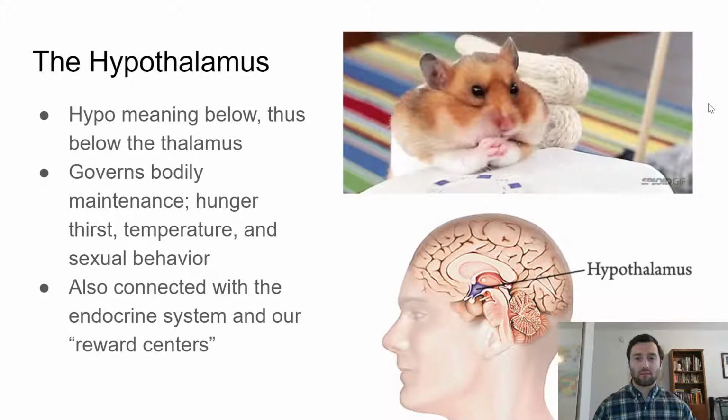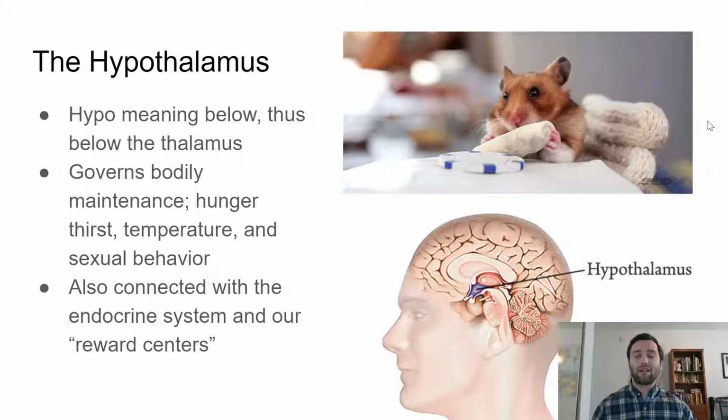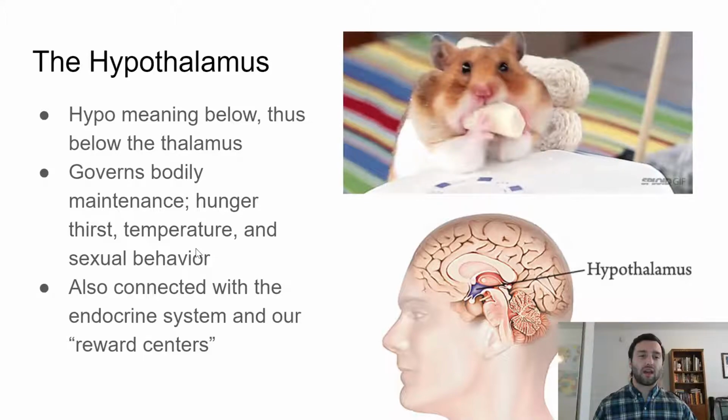We also see the hypothalamus connected with our endocrine system. We haven't talked about that at all. That's the hormonal part of the communication system of the body, as well as our reward centers. We talked about that when we talked about neurotransmitters. Feeling hungry, thirsty, and the regulation of sexual behavior are all connected with rewards.